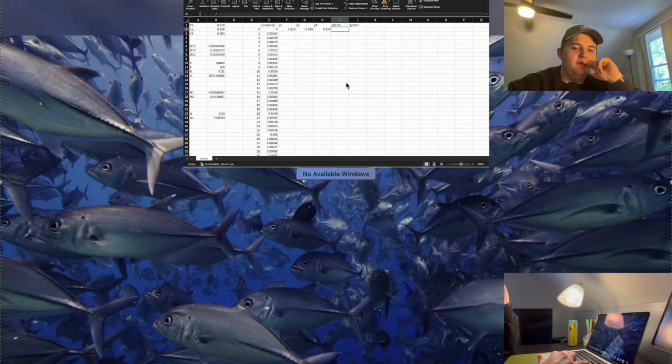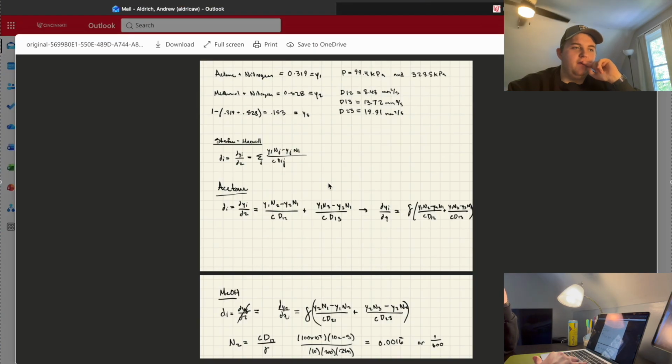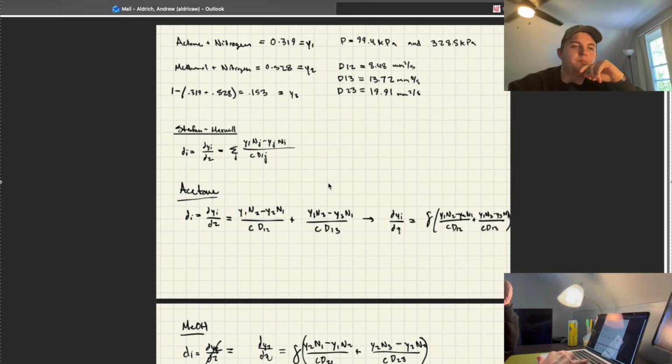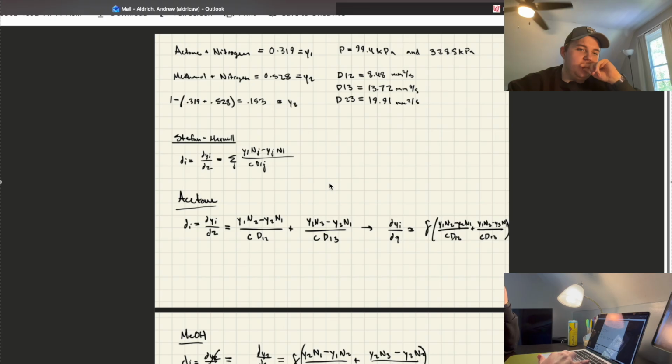I just have here in my Outlook what we just did on the iPad. So we're going to need to copy this over, basically. We don't really need to worry about length here because it doesn't matter later.